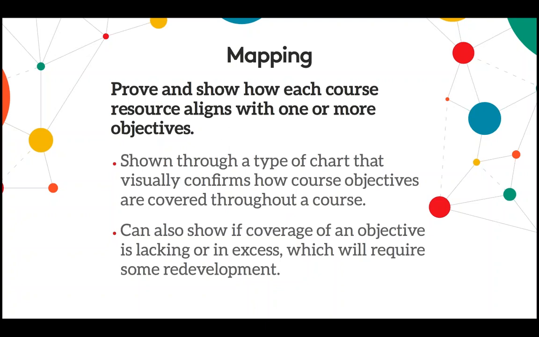And one of the things I mentioned earlier that I'll reemphasize again is when you have a learning objective, a learning outcome, you need to make sure that it is covered in at least one activity, and it should be covered in multiple. You should have an activity and assessment, just making sure that these objectives are covered throughout. And that's what this mapping phase does.